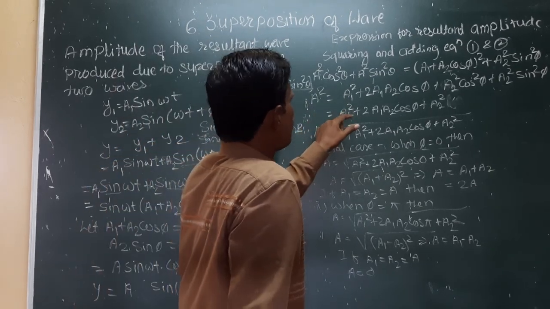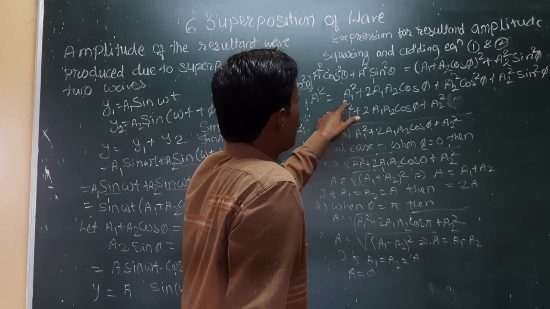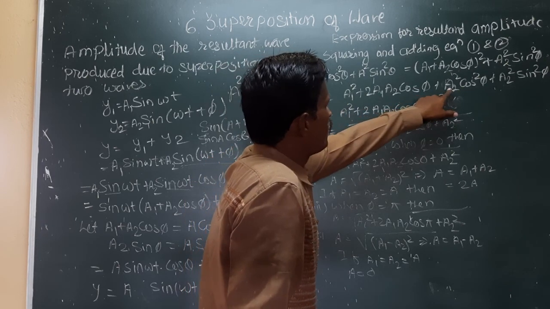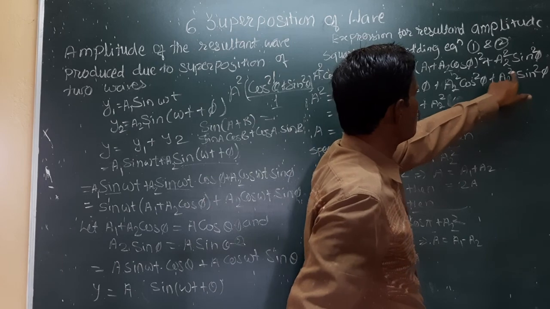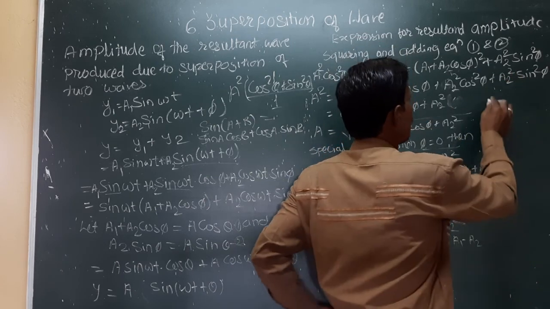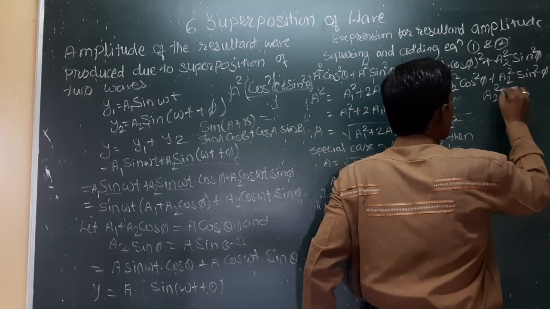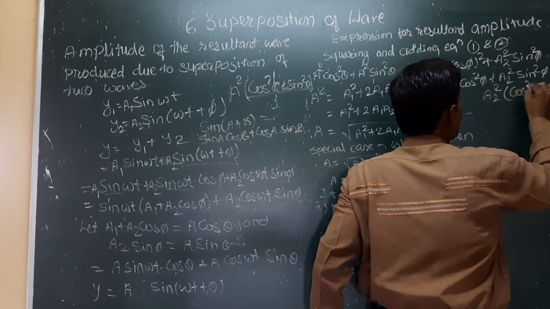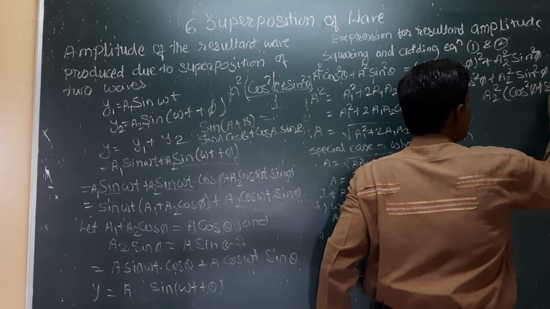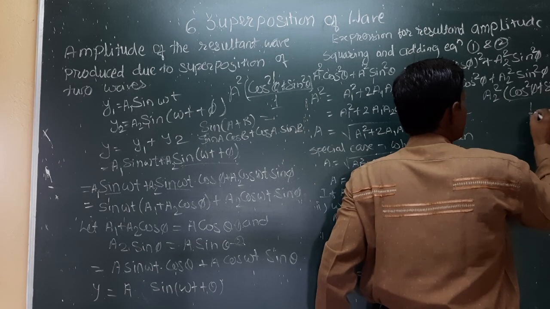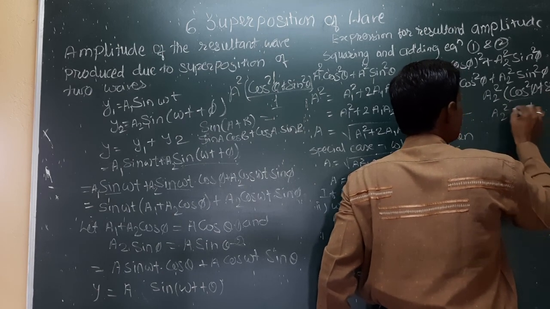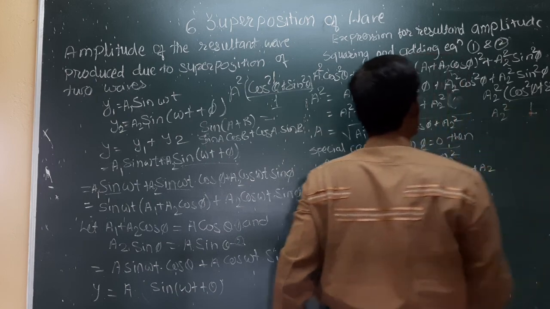Now in this case, a2 square cos square phi plus a2 square sin square phi, taking a2 square common, cos square phi plus sin square phi, but cos square phi plus sin square phi is 1. So a2 square into 1 is a2 square.